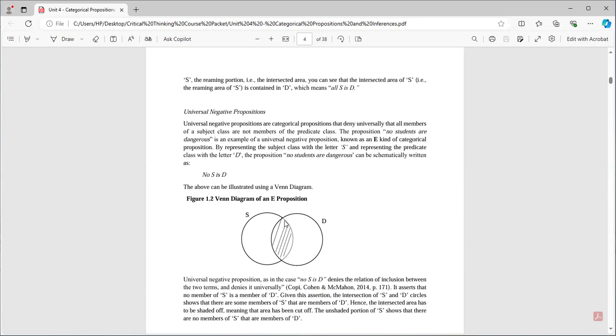When we shade that portion off, the meaning is that it has been cut off. It is no more S. So S is only the area which is not intersecting with D. No S is D.